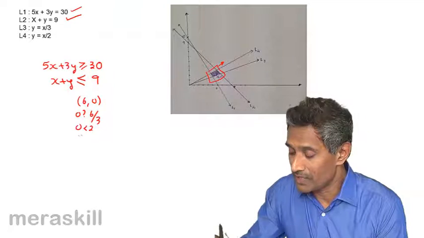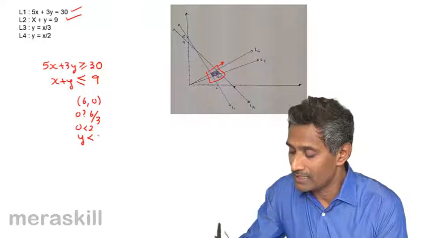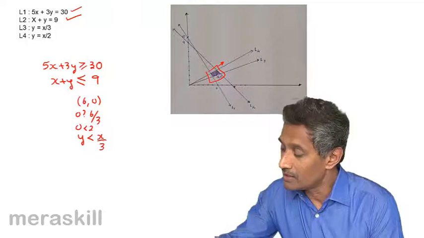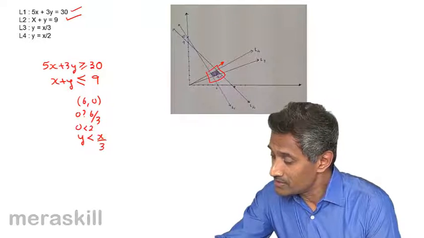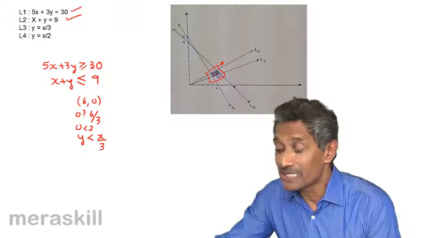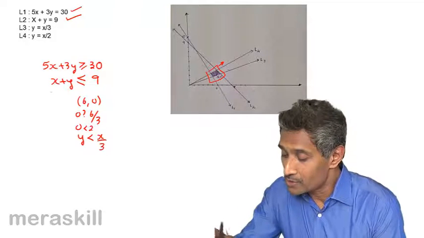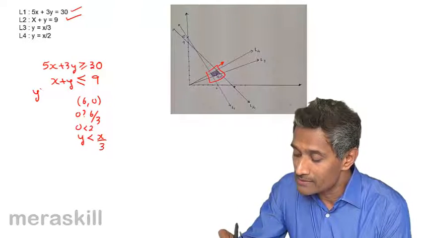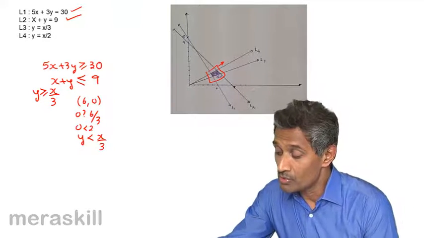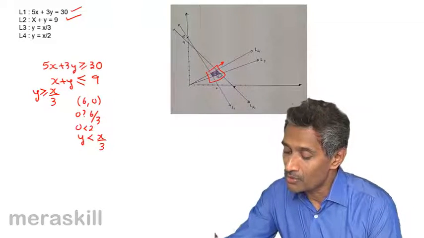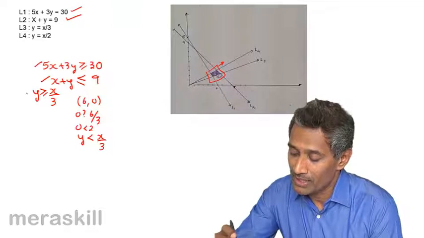So that means you have a case wherein y is less than x/3. So the region below is y is less than x/3. This region is above that, so it's going to be y is greater than or equal to x/3. So we have this, we have this, we have this.